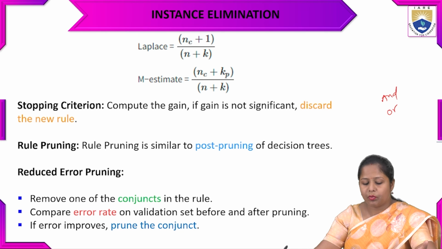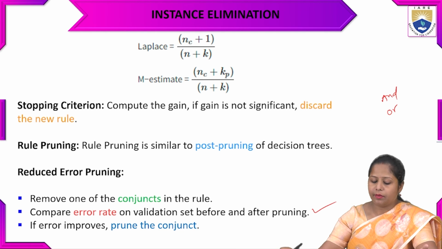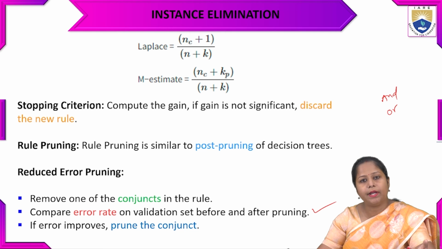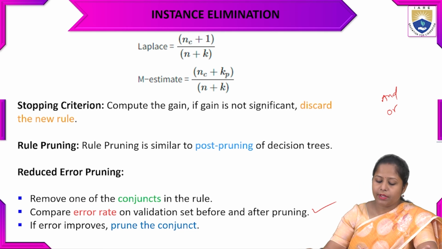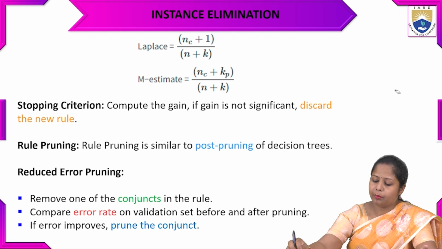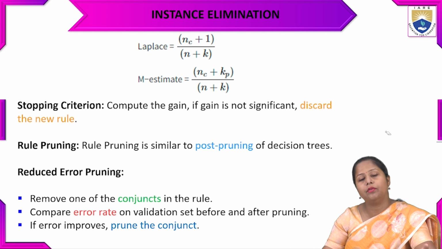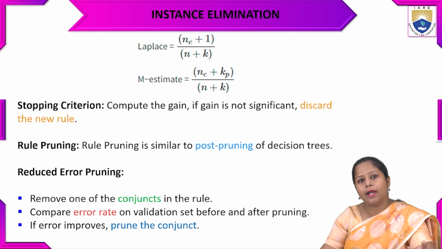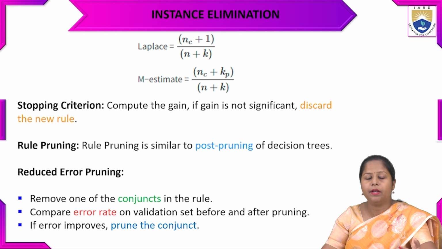We compare the error rate on the validation set before and after removing it. If the error improves, we prune that conjunct. After improving the error, we also remove other conjuncts and attributes from those rules.